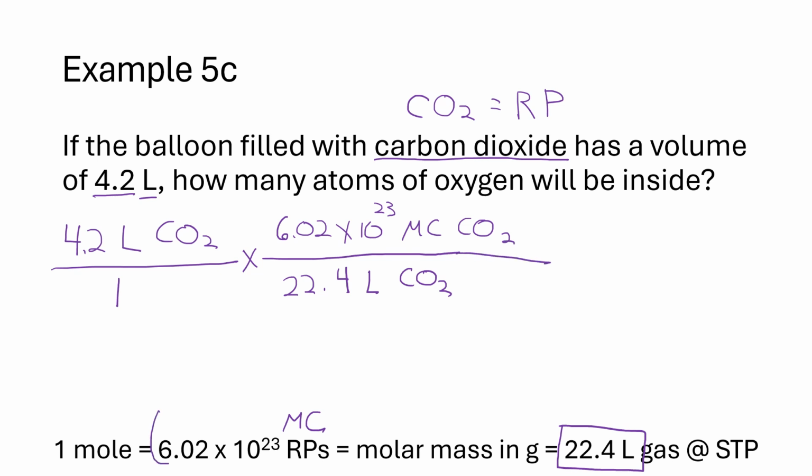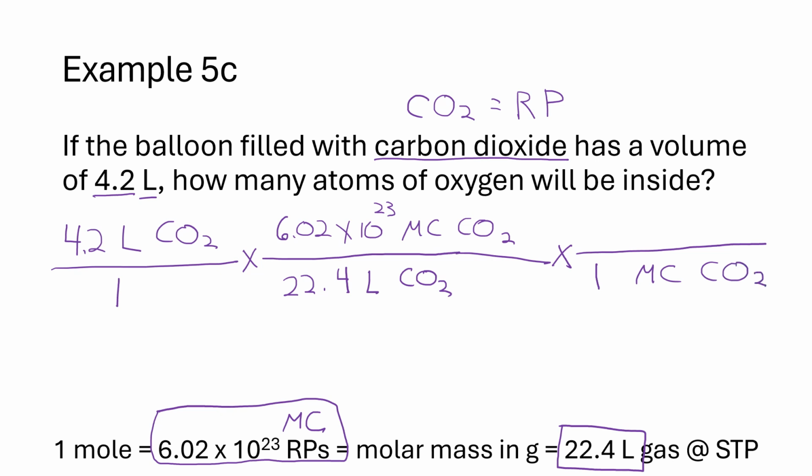So molecules of CO2 is our representative particle. Representative particles go with Avogadro's number. So to get from the representative particle to atoms of oxygen, for every 1 molecule of CO2, well, that formula tells us we have 2 atoms of oxygen.